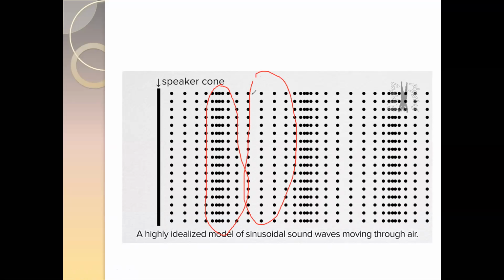In a longitudinal wave, the region where the particles are very close to each other is called compression. And a rarefaction is where the particles are away from each other.